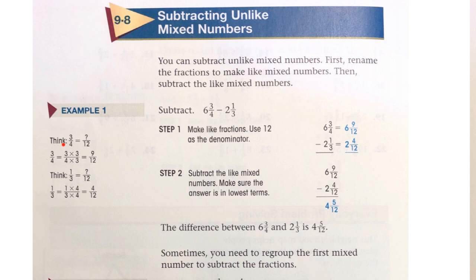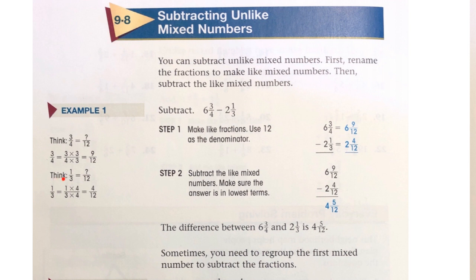Think, 3/4 is equal to how many 12ths? To make an equivalent fraction, we can multiply the 4 times 3 to get 12, and we can multiply 3 times 3 to get 12. Think about 1/3.